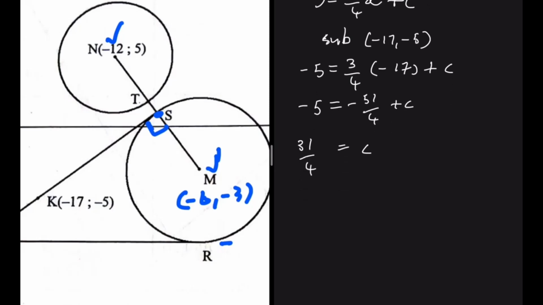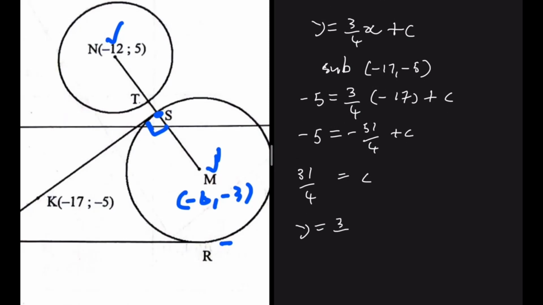So now the equation of our line is y equals 3 divided by 4 x plus 31 divided by 4, right? So let me just substitute x equals minus 17 and see if I get minus 5. If I do that, let me see, yeah, I get minus 5. So I'm a bit convinced now that, yeah, we have the equation of our line PS.